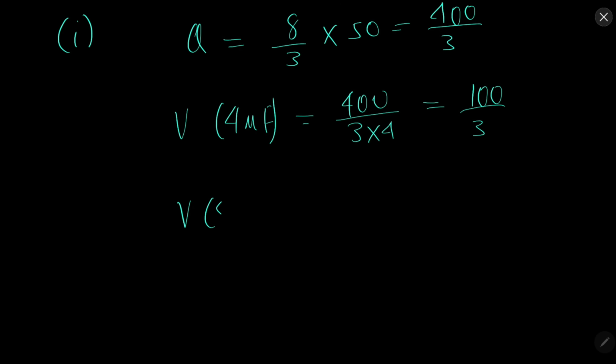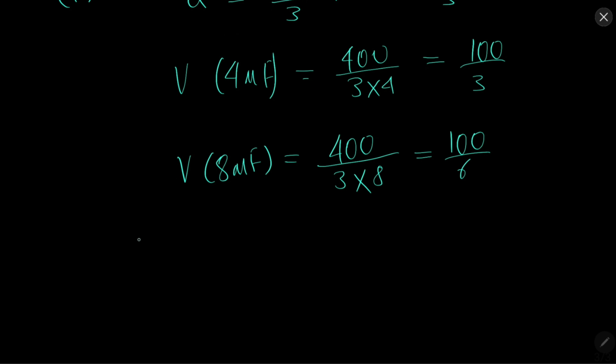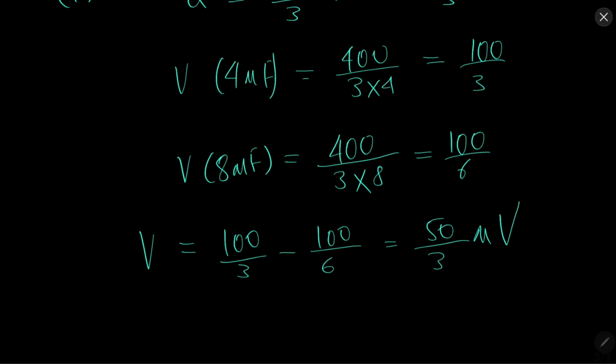At 8 microfarad it will be 400 over 3 into 8, 100 by 6. So potential difference will be 100 by 3 minus 100 by 6, 50 by 3 microvolt.